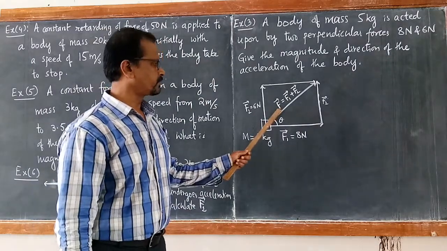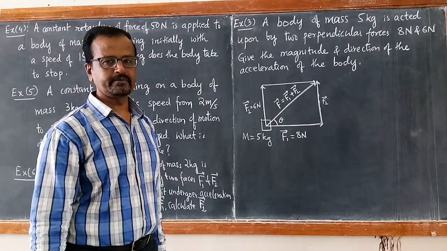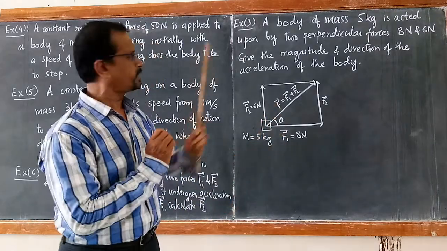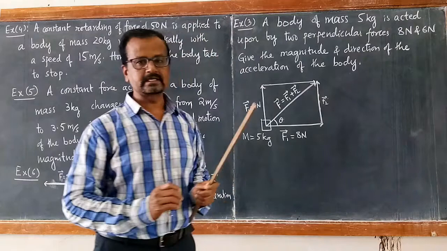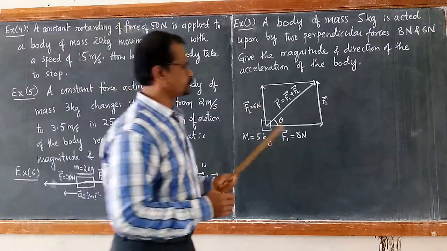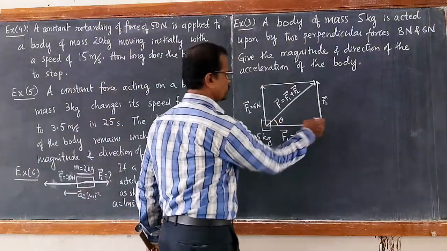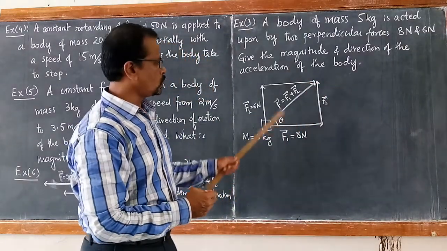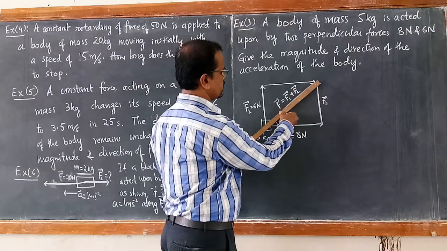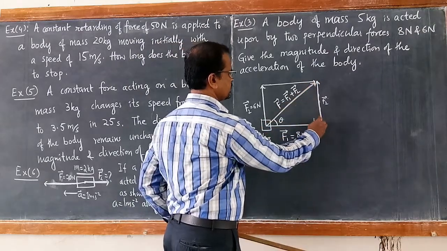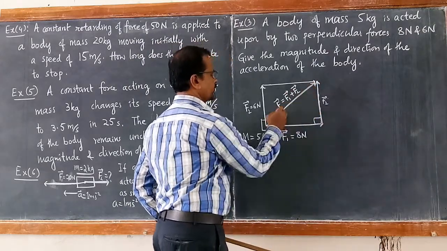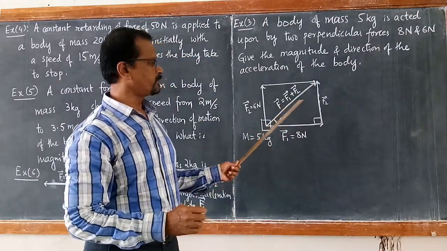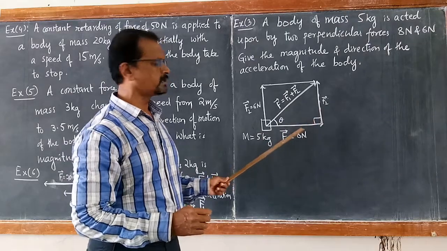Before that, we need to calculate the magnitude of force F. Once we get the magnitude of resultant force F, then we can calculate the acceleration by using Newton's second law. Okay. So when you look at this, is it not forming a right angle triangle? So this becomes the hypotenuse of the right angle triangle. Since it is a right angle triangle, resultant F becomes the hypotenuse. So the square of the hypotenuse is equal to the sum of the squares of the other two sides.